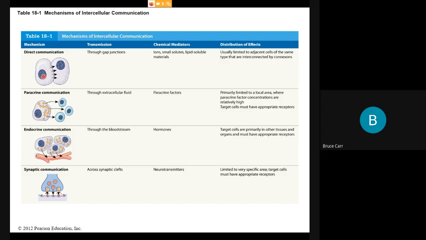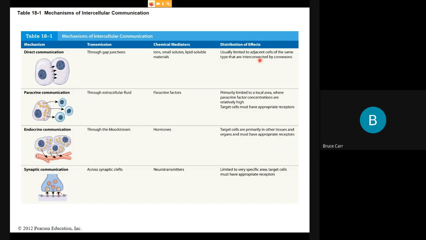Up here, direct communication. See this? This is from cell to cell, and it depends on a specific connection: gap junctions. Gap junctions allow ions, small solutes, and soluble materials to act as chemical mediators. Basically, it's limited to a group of cells that are connected by those gap junctions, which are usually very small.